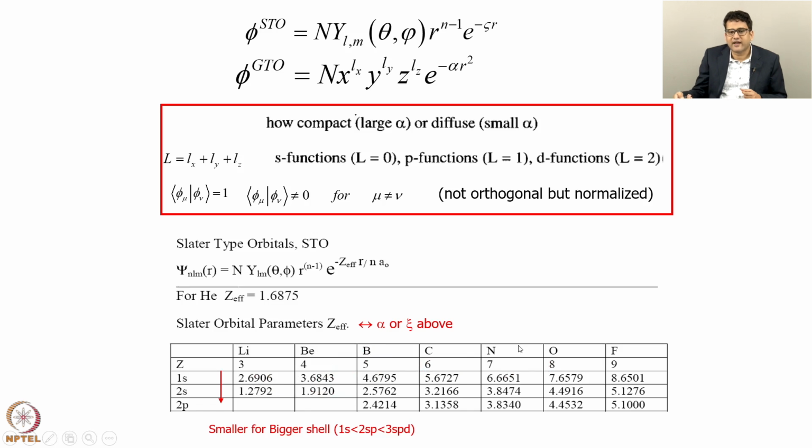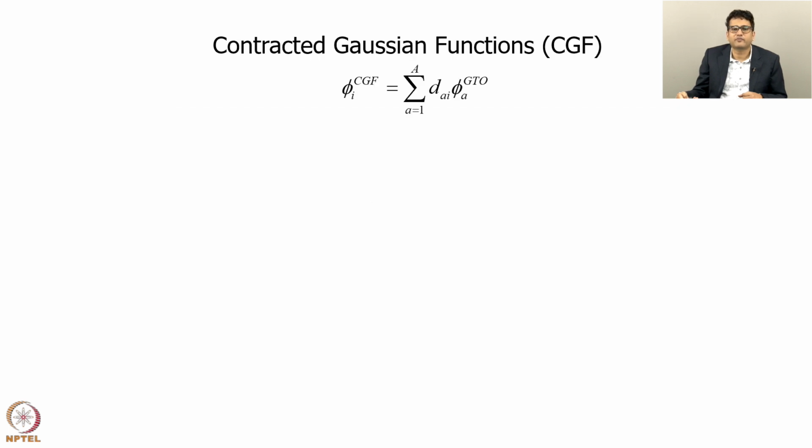That essentially means that if I go from lithium to beryllium to boron to carbon, my orbitals will shrink. The reason is that as I go from left to right in the periodic table, the atomic charge is increasing. Because the atomic charge is increasing, it will attract the electrons more heavily, so the orbitals will become more and more tight. That is what the physical picture means.